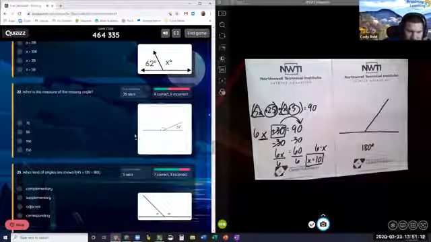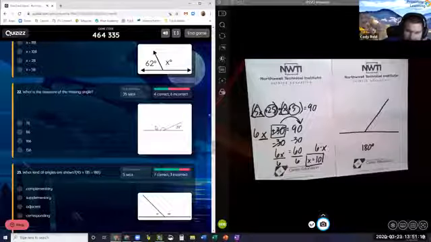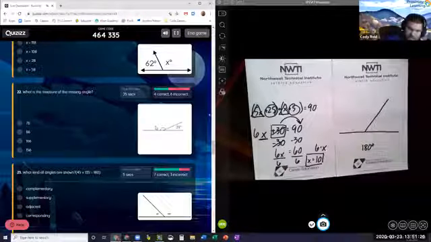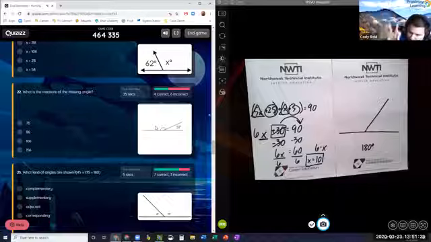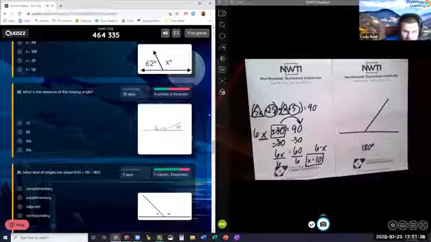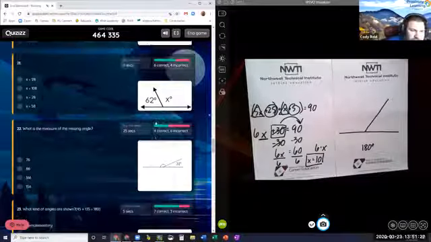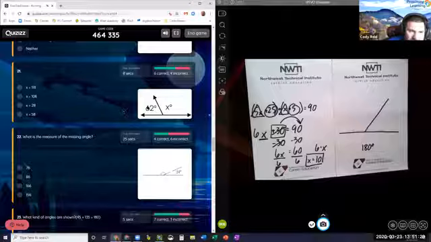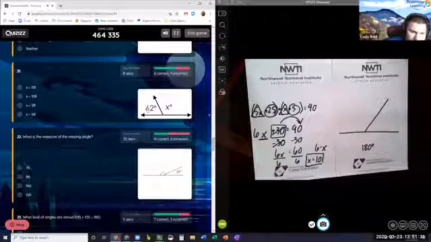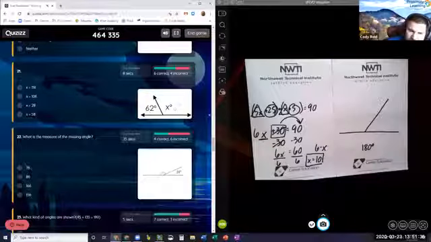And then some of the problems, I tried to organize this where it was all complementary at the top, all supplementary at the bottom. So if it was asking find the missing angle, and it says this is 62, what are you going to do to figure out what the missing angle is?